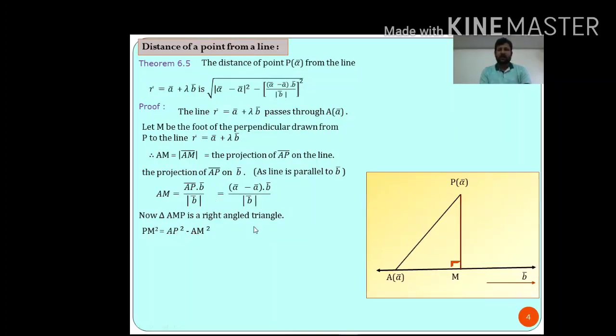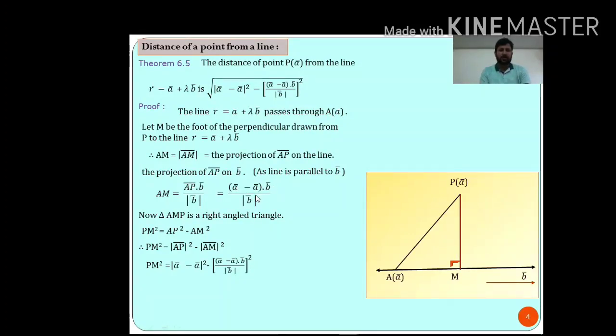So AP bar is replaced by the magnitude of alpha bar minus A bar squared, and the distance AM is alpha bar minus A bar dot B bar upon magnitude of B bar, bracket squared. This gives PM square.